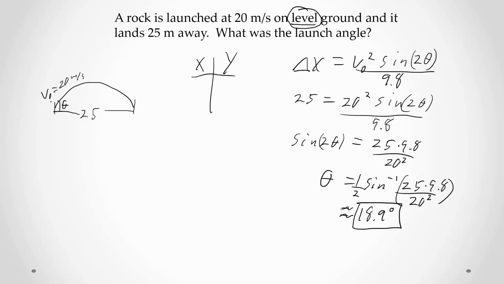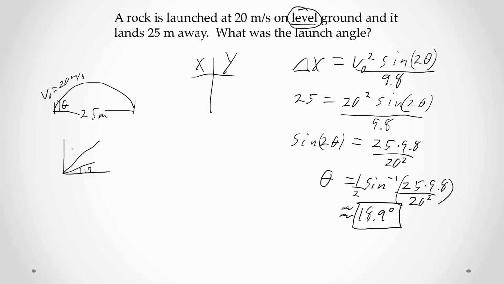Now, if you recall, there's actually 2 angles that will satisfy these conditions of having an initial velocity of 20 and landing 25 meters down range. And those angles are always at equal distances from 45 degrees. So if this is my 45 degree line here, here was one angle at 18 degrees.